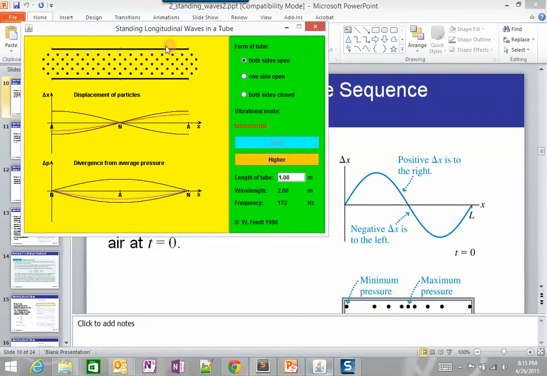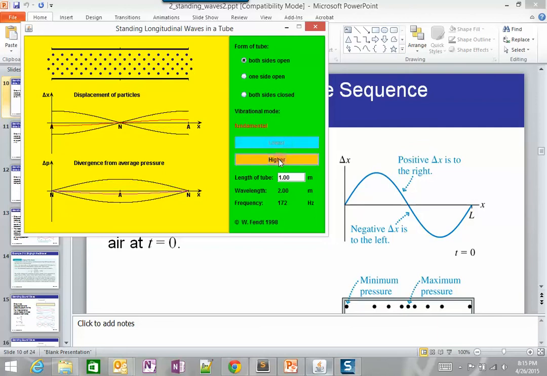You have a tube, and this is your air, and both sides are open. That produces a standing wave. Here you have the displacement, and here you are plotting the pressure. And the pressure is always maximum here at the center.